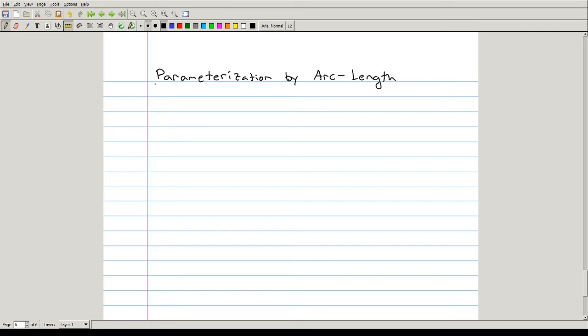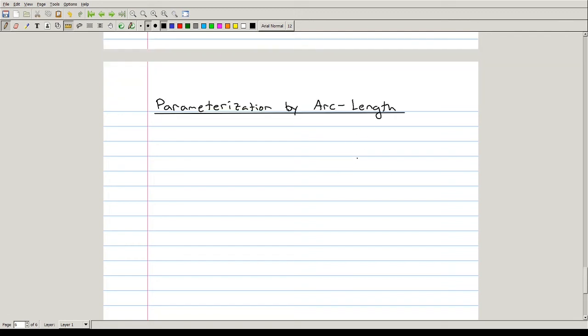And not only that, but there's, for certain reasons, a very preferred choice for us to do what's called parameterize by arc length. And the main idea here is due to geometric invariance.